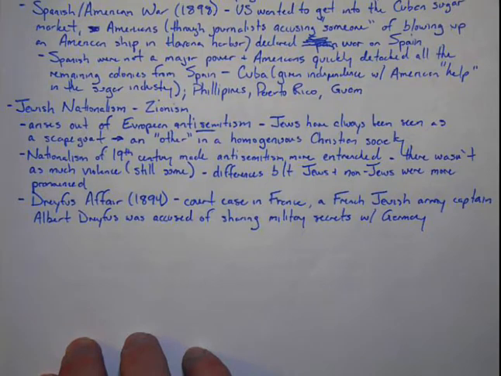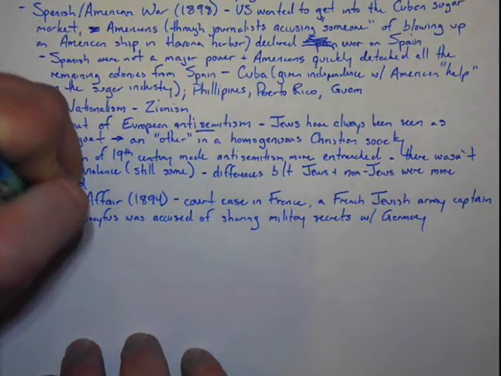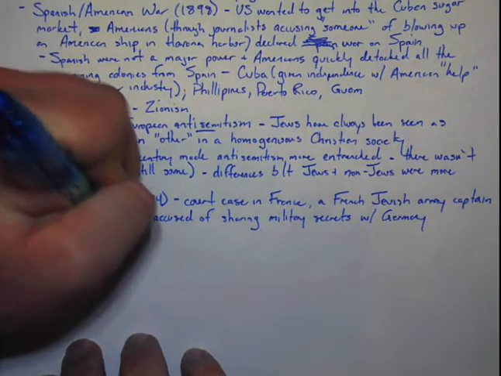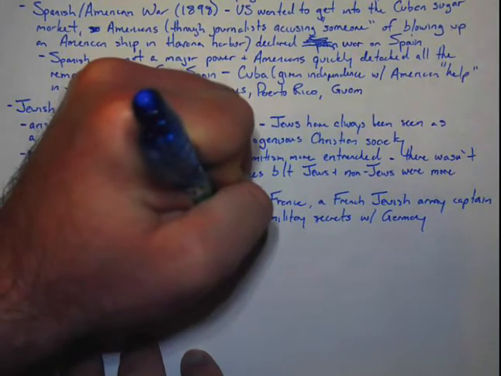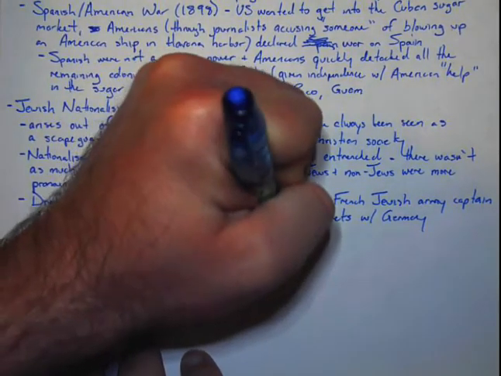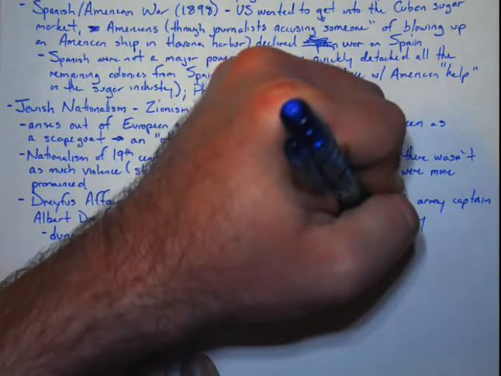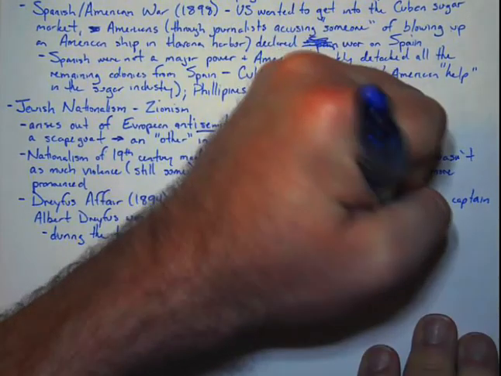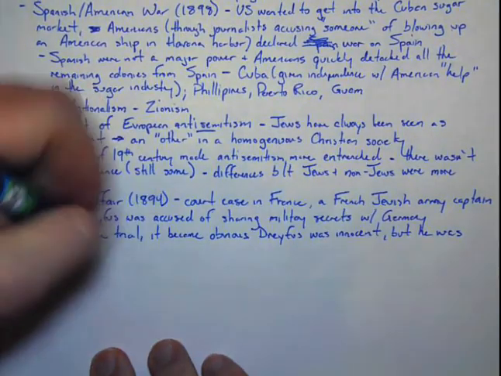Now, he didn't do it, but somebody did share the secrets. During the trial, it became obvious that Dreyfus was innocent. But he was convicted anyway.